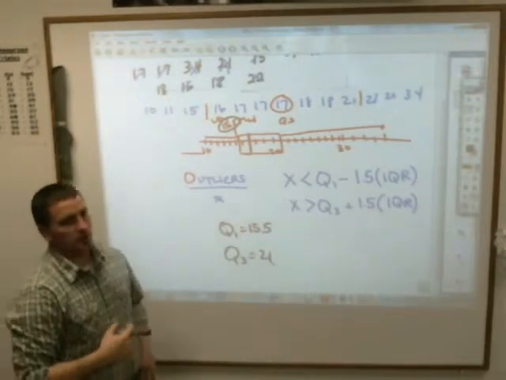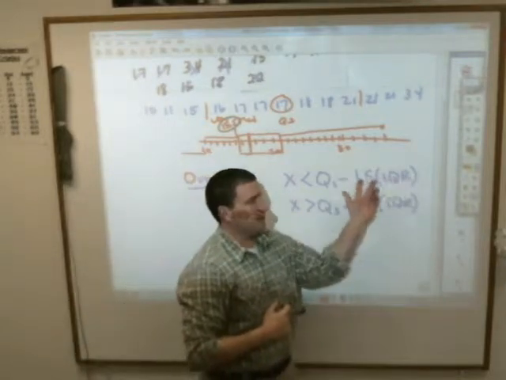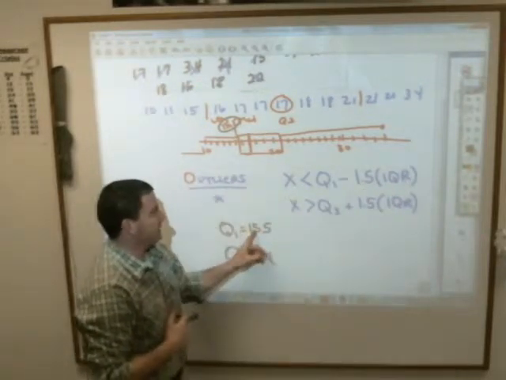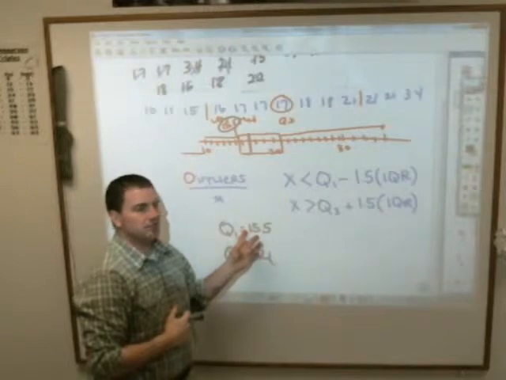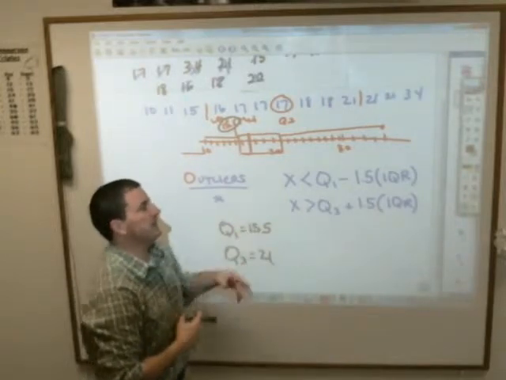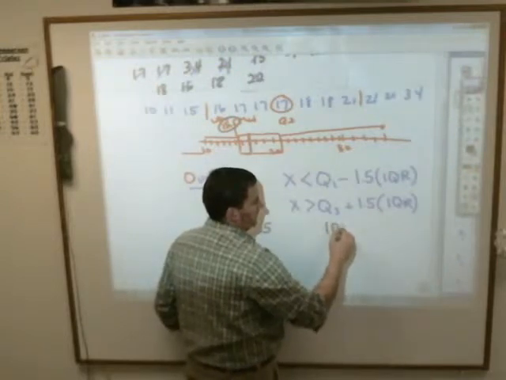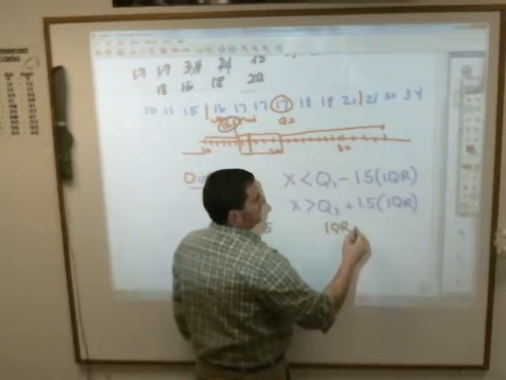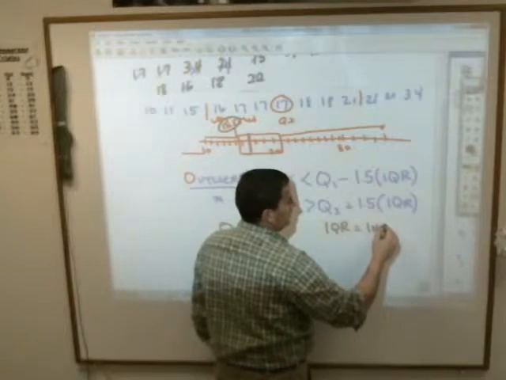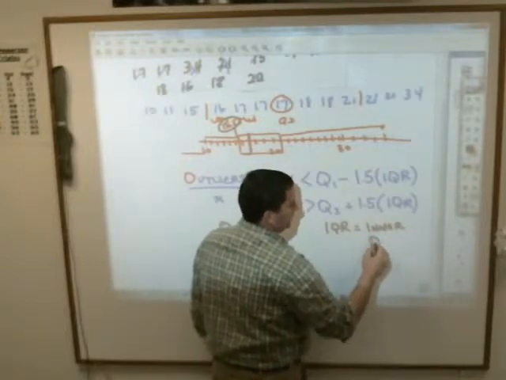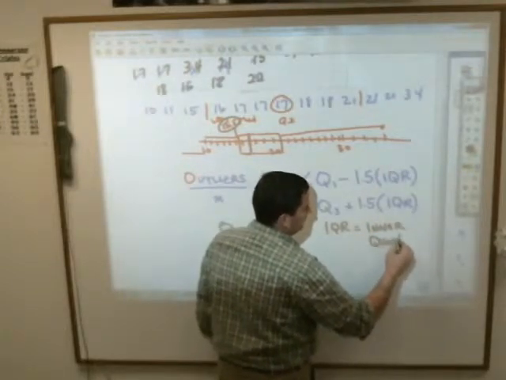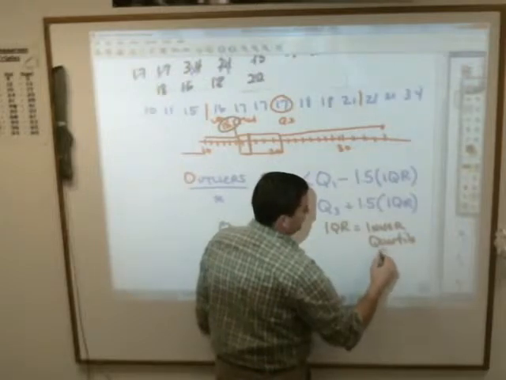And what you're looking for is this part right here, which is what you would subtract from that to tell if something was an outlier. How you find this number, the IQR, is called the interquartile range.